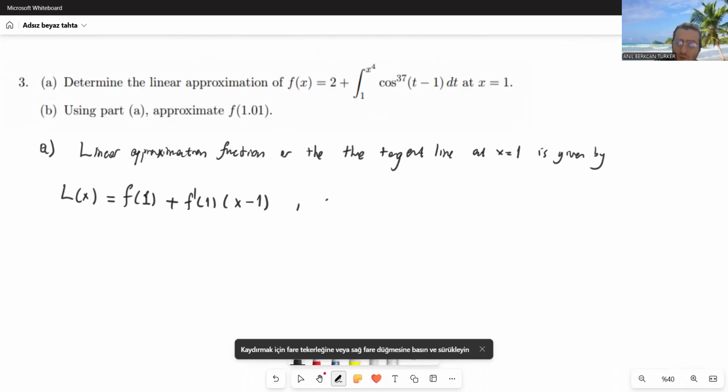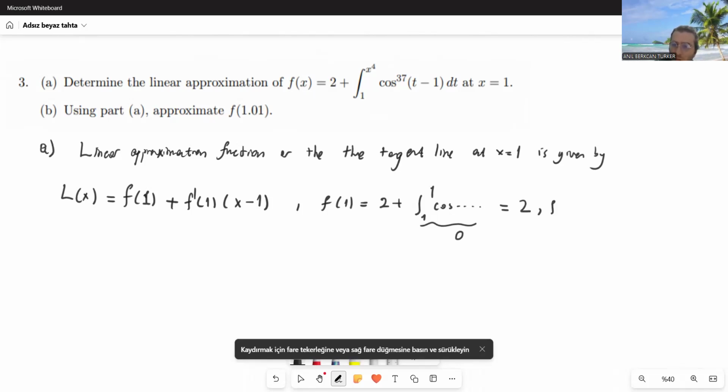So what is f(1)? When you put 1, you get 2 plus the integral of cosine and so on. Since the boundaries are the same, it will be 0. So it is just 2.